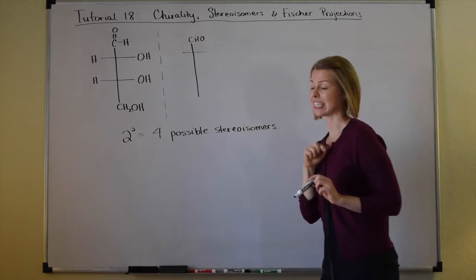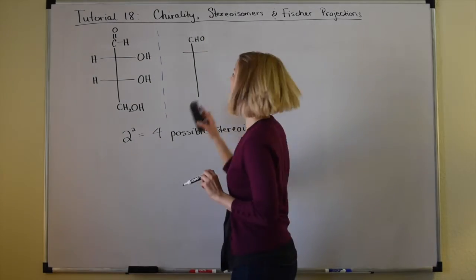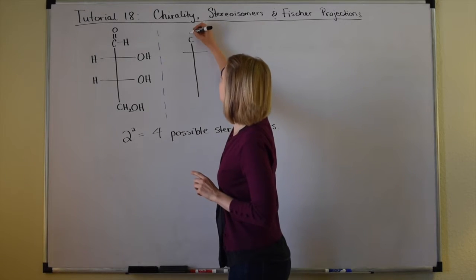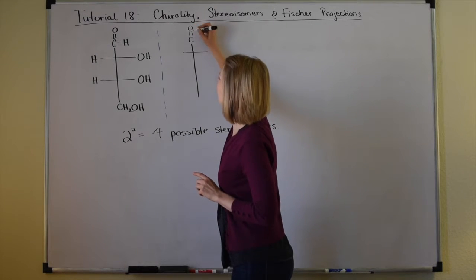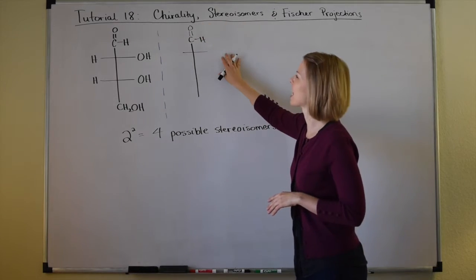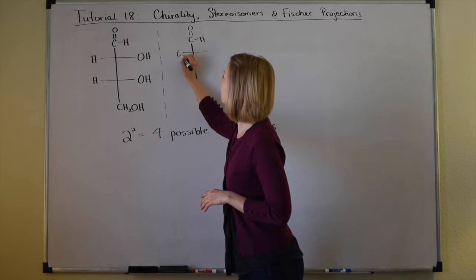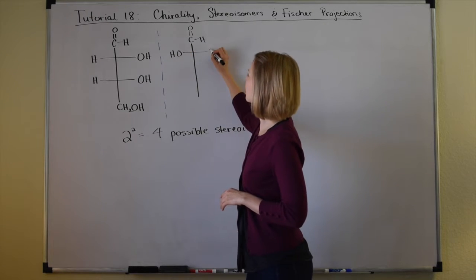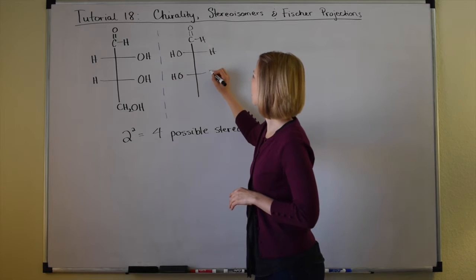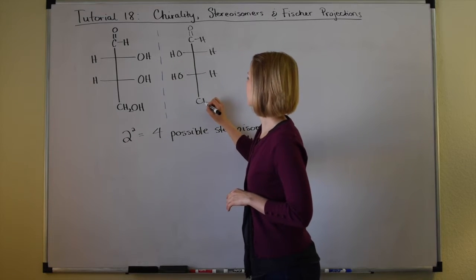Remember that that is the condensed form of an aldehyde, but I'll go ahead and draw it out. It's just that when you're typing it out, it's a lot easier to type CHO, but I'll go ahead and draw it out in this example here. And then we've got our OH reflecting and our H reflecting, and this OH reflecting, and this H reflecting, and this CH2OH.